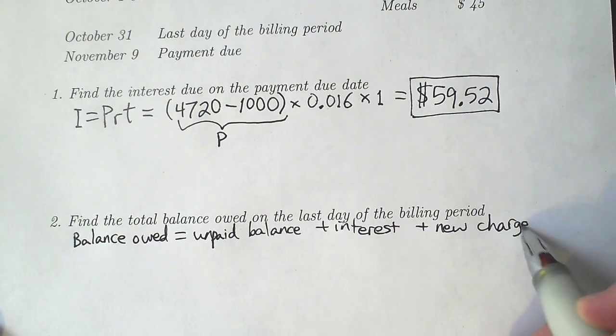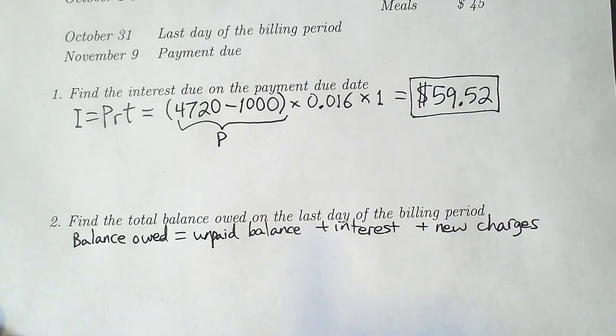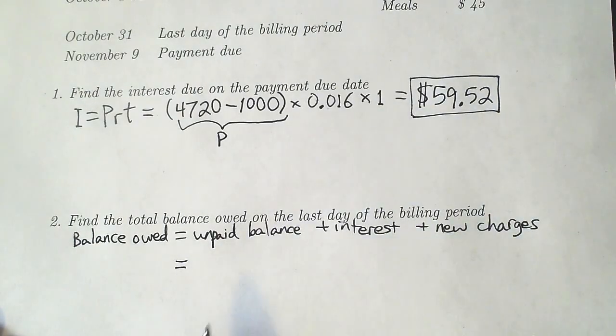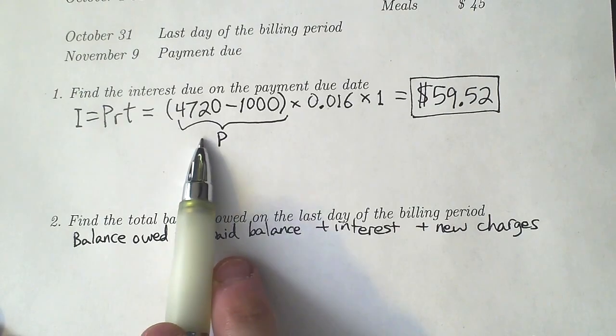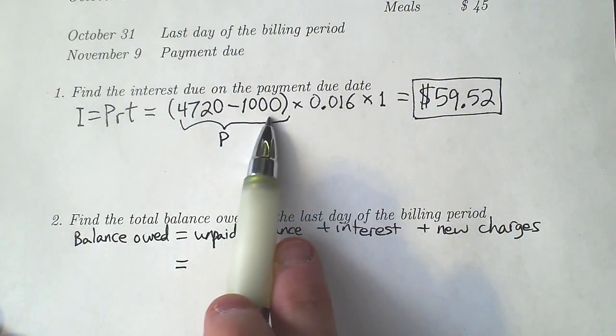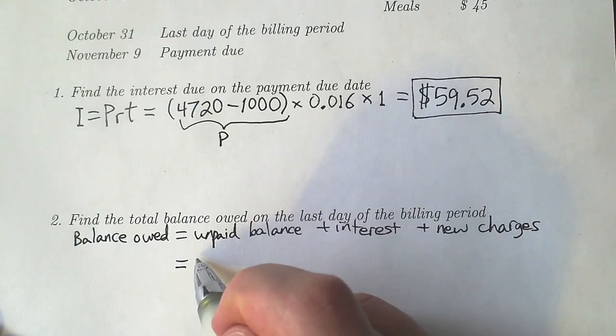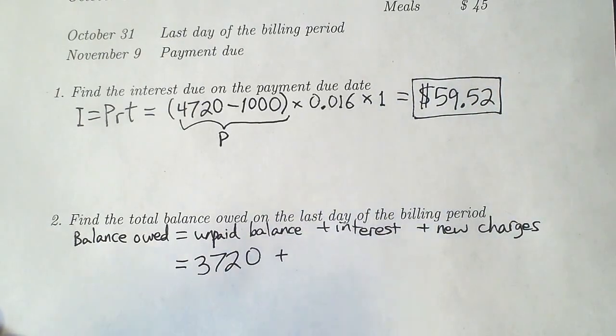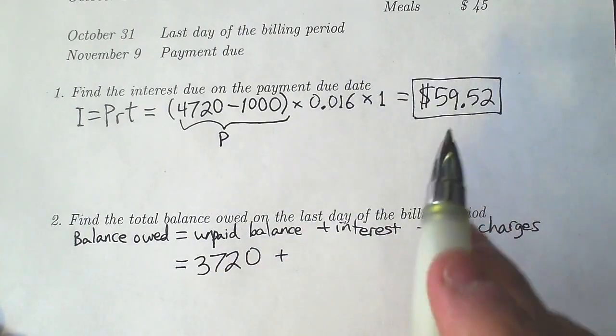Right? That's what the previous problem used, and that's what we need to use here. So in this problem, the unpaid balance, remember, is not 4720. It's 4720 with the 1,000 taken out. So 3720 is the unpaid balance. Then the interest that we already found.